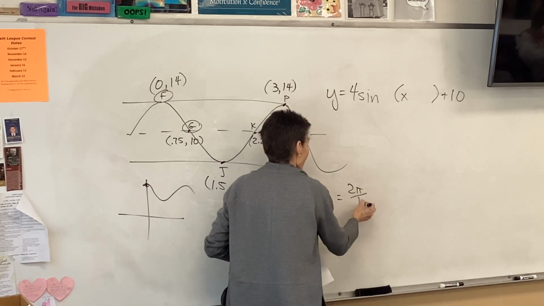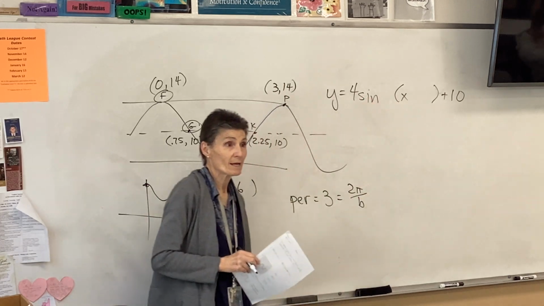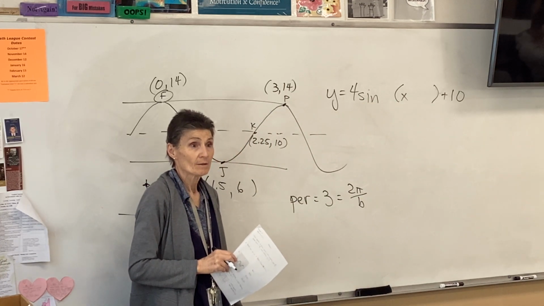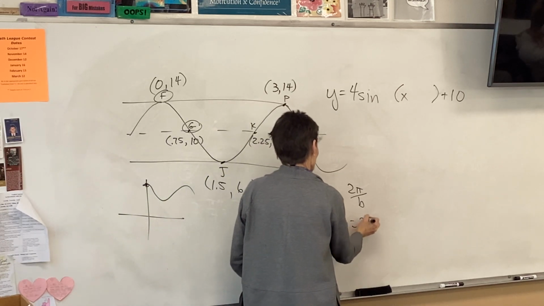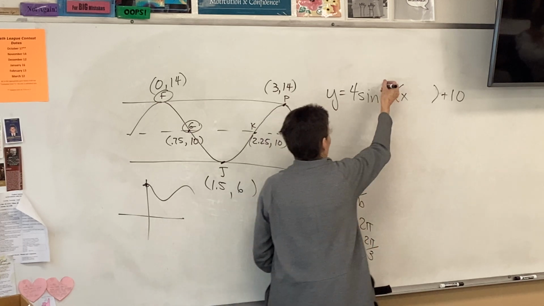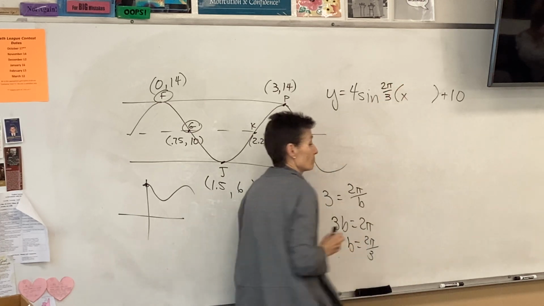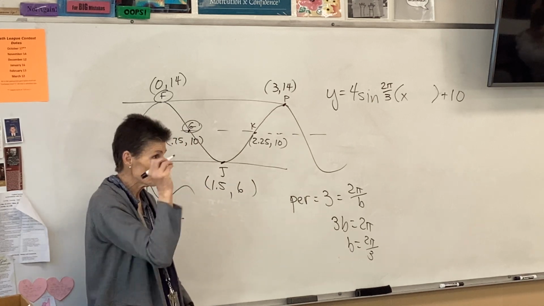So 2 pi over b has to be 3. So it looks like b is 2 pi over 3. Is that okay with everybody?